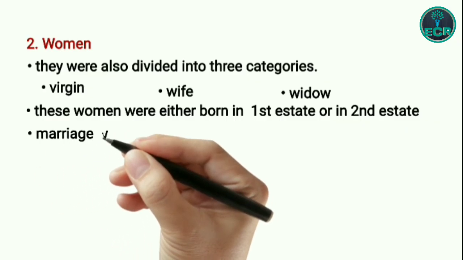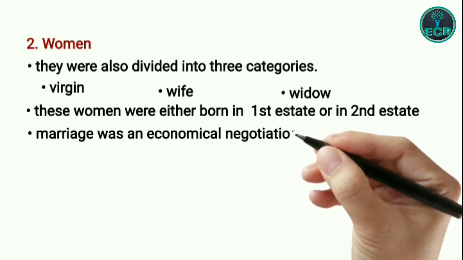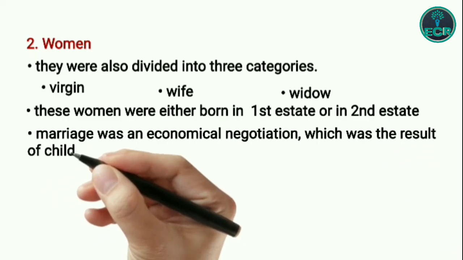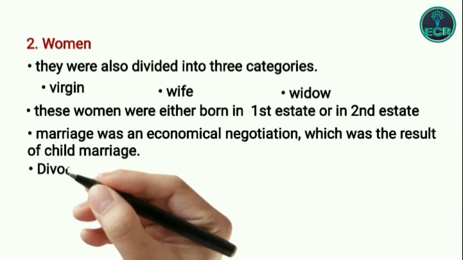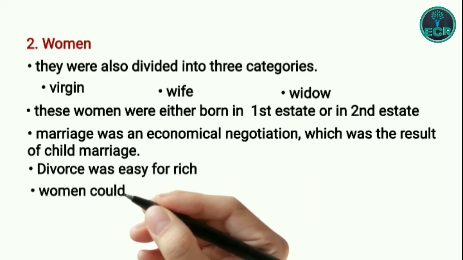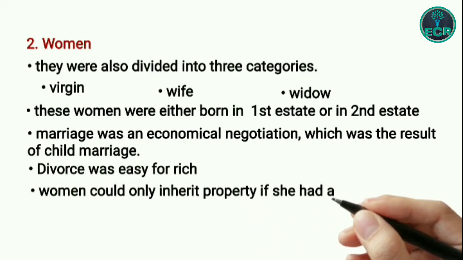Marriage in Chaucer's age was an economic negotiation, which was a result of child marriage. Divorce was easy for the rich. Women could only inherit property if she had a husband.